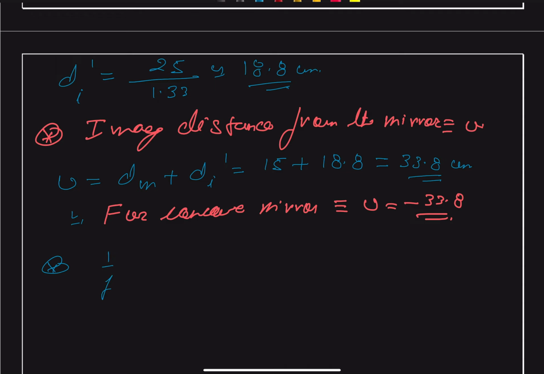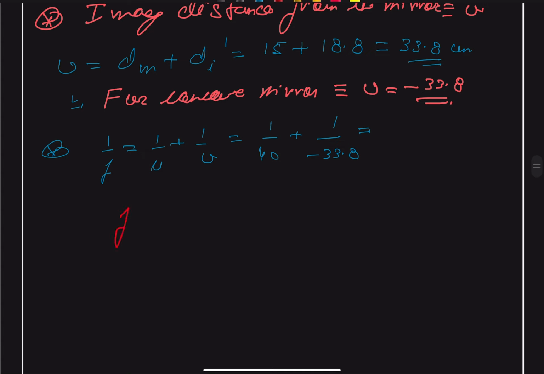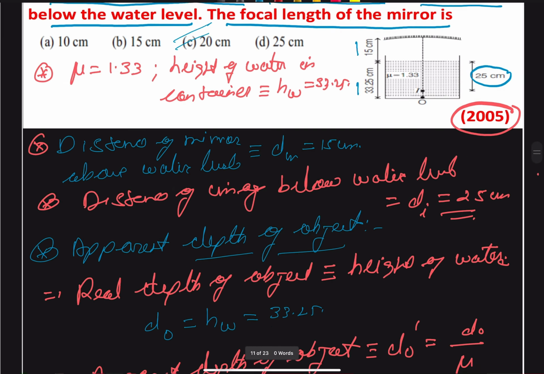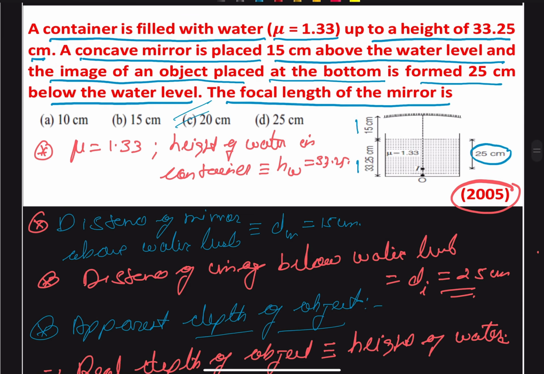So 1 upon f is equal to 1 upon u plus 1 upon v, and this gives us 1 upon 40 plus minus 1 upon 33.8. So we get that our focal length f will be approximately equal to 18.3 centimeters. So this is the focal length which was actually required. So option number C is the correct one. Okay.